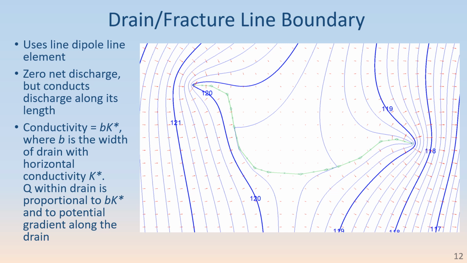And the discharge in the drain is proportional to the head gradient along the drain and proportional to a conductivity term, which is B, the width of an actual drain, times its hydraulic conductivity, and the discharge within the drain is proportional to that conductance factor. And it's assumed that this drain fully penetrates the domain. So if you want to simulate a partially penetrating drain, you'll need to do a multi-layer model in general.